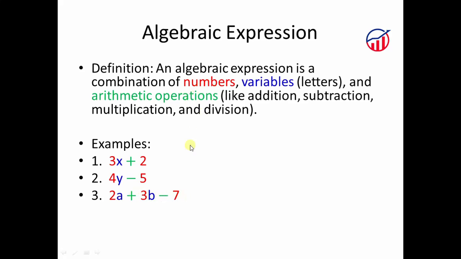Numbers are in red, variables in blue, and operations in green. It can have multiple variables, multiple numbers and multiple arithmetic operations. So this is how a normal algebraic expression would look.